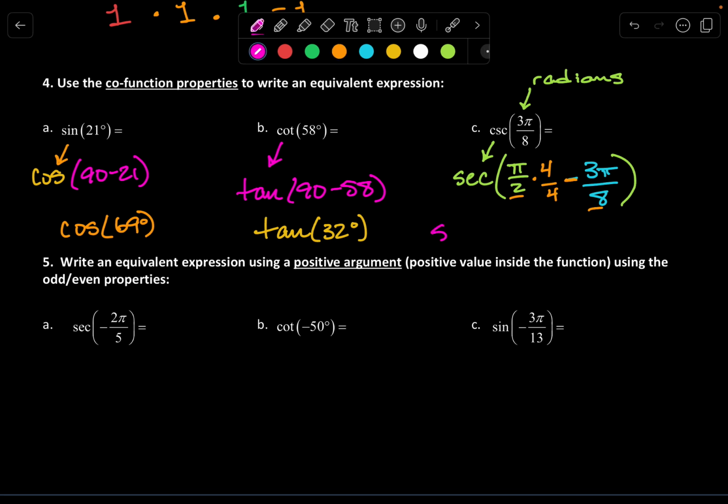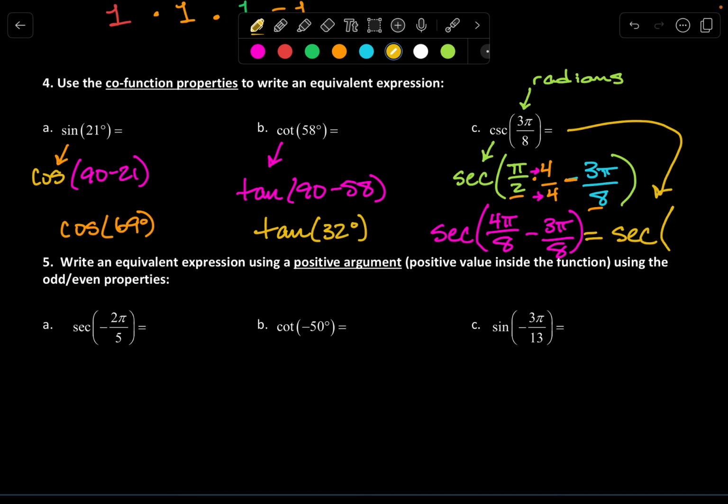Multiplying across gives me 4 pi over 8 minus 3 pi over 8. I have a common denominator now, so I can subtract and get that the cofunction is the secant of pi over 8. So when you're multiplying fractions, you don't need a common denominator, but when you're adding and subtracting them, you do.